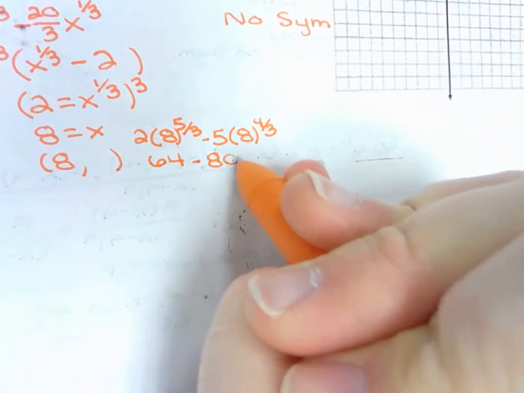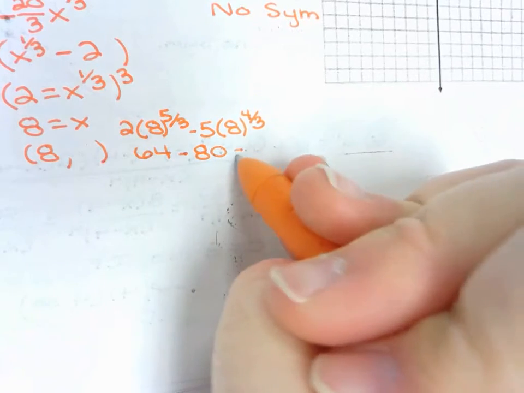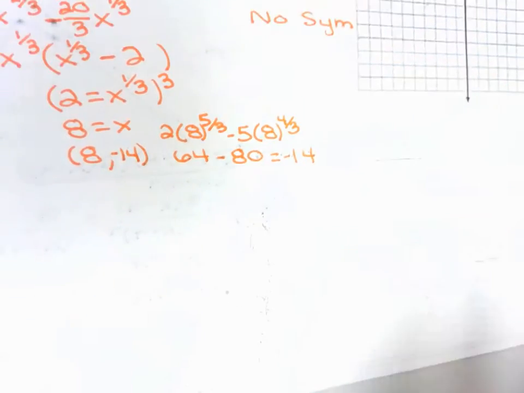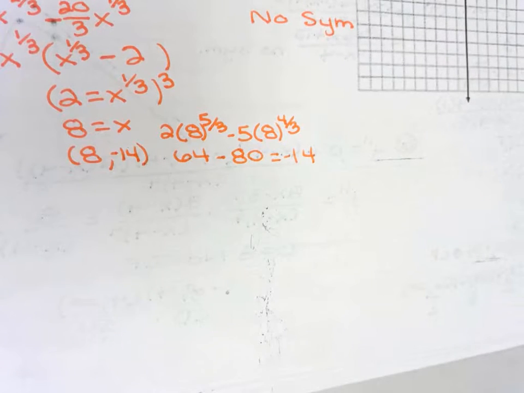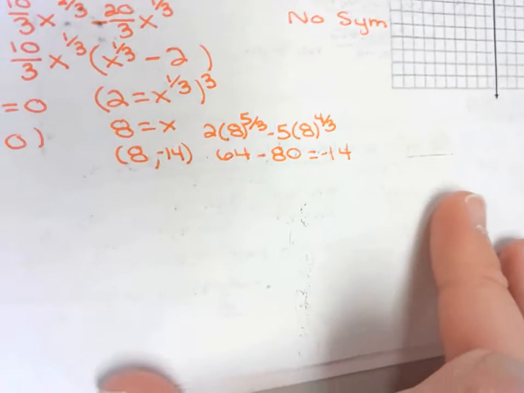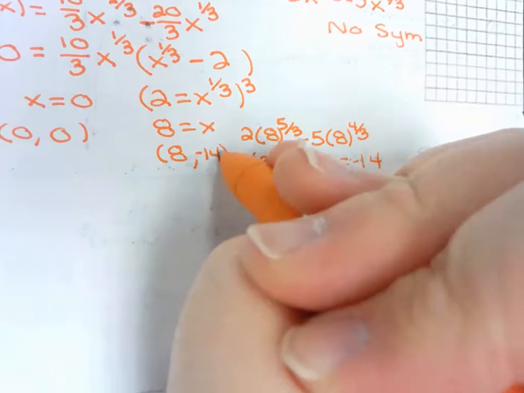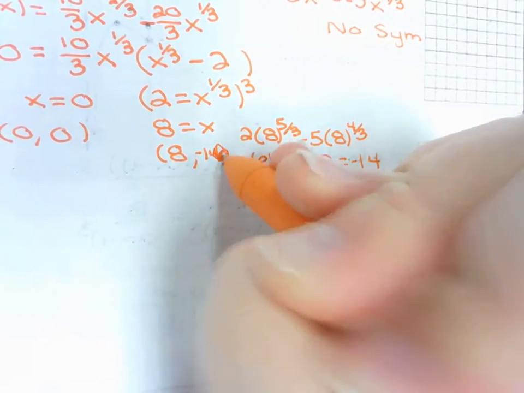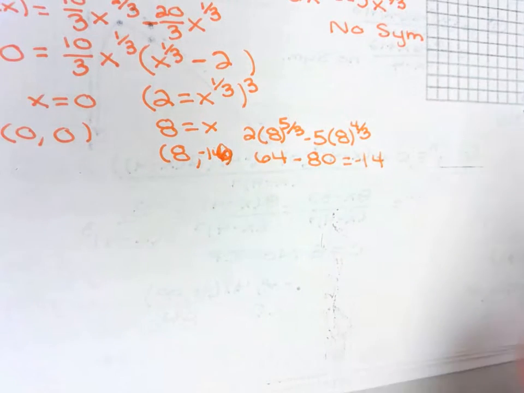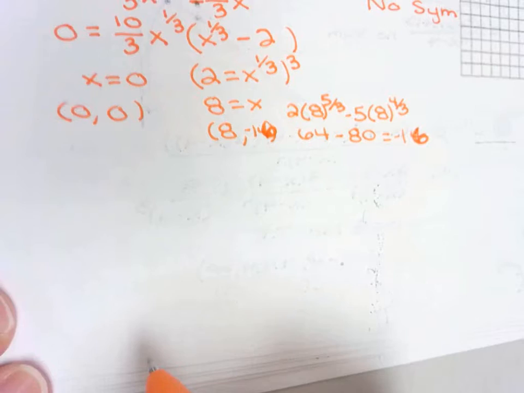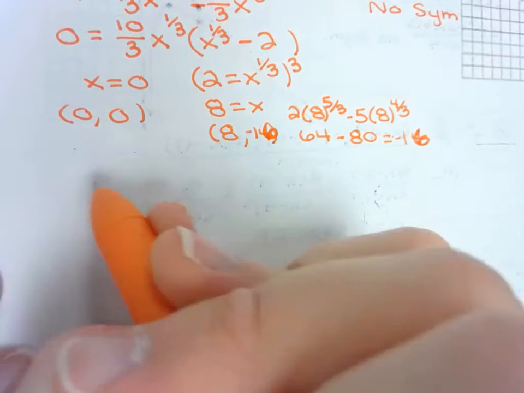Negative 80. So that would be negative 16. So actually get ordered pairs because that will help you when you graph it, to have specific ordered pairs. 16? Sorry. Yep, can't add. 16. Okay.